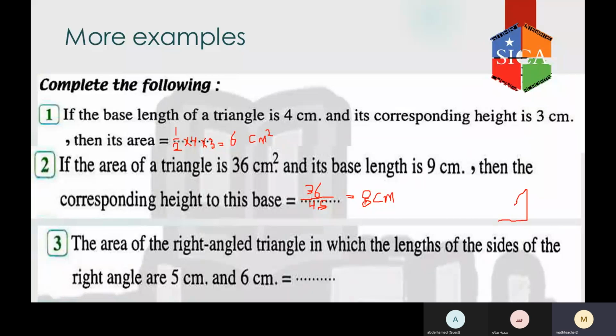The right angle sides may be the base and the height, because one of them is perpendicular to the other. Then one of them is the base and the other is the height. When we get the area, it equals half its base, which is 5, half times 5 times 6. That will equal 15 square centimeters.